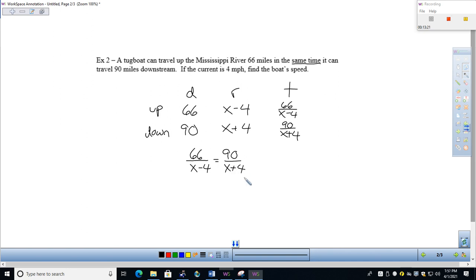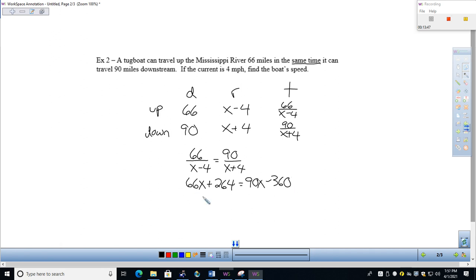Okay, well, if you have your calculator, you can go ahead and cross multiply here. I'm going to go ahead and do it without. So distribute the 66 in, and looks like I get 66x, and how about a 264? And then cross multiply here. Looks like I'll get a 90x, and how about minus 360? And solve this however you'd like.